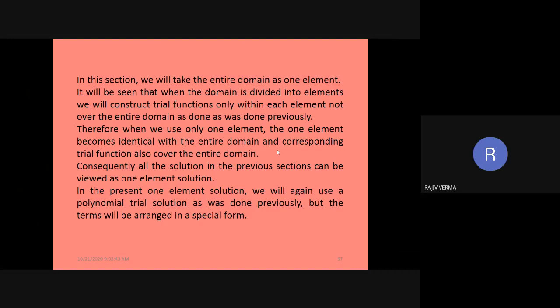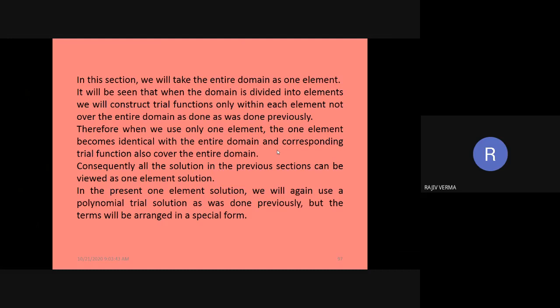If you remember correctly, the form of the polynomial which was used previously has certain coefficients such as a1, a2, a3, etc., depending upon the number of terms. Now, these unknown terms, that is a1, a2, and a3, are simply coefficients in the polynomial. Apart from this, they do not have any physical significance.